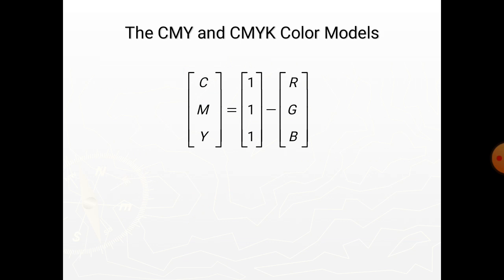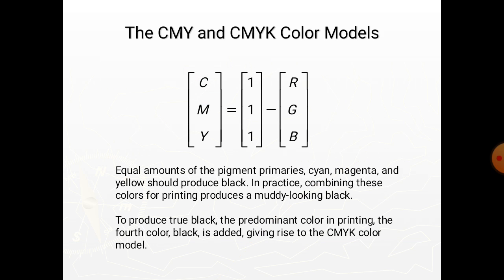This conversion is performed using a simple operation: CMY equals 111 minus RGB. Here the assumption is that the color values have been normalized to the range 0 to 1.